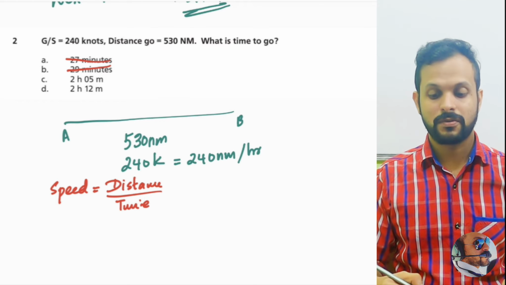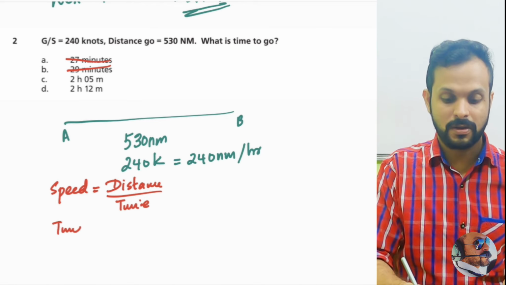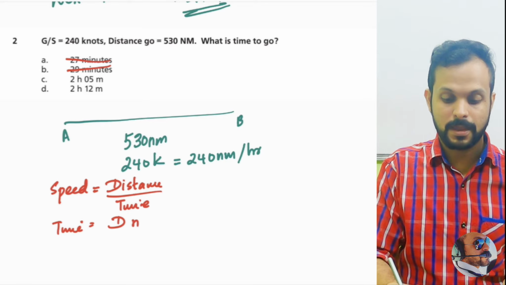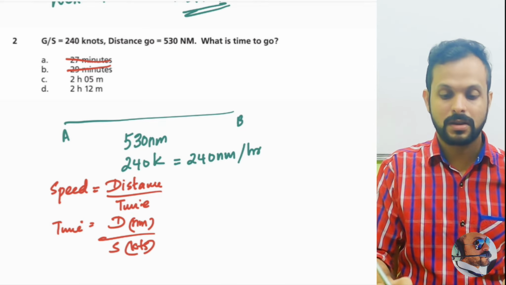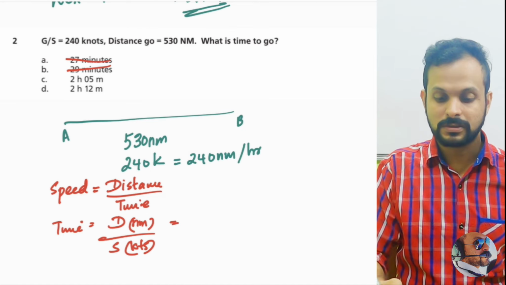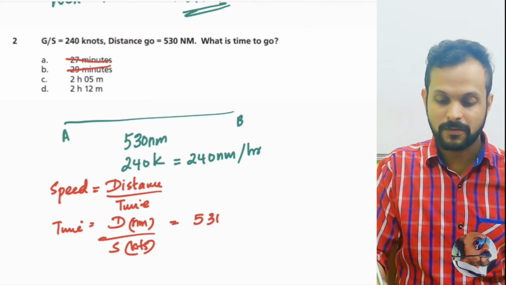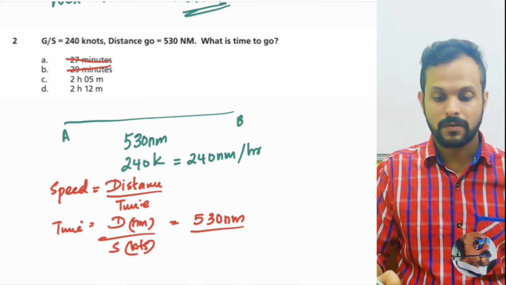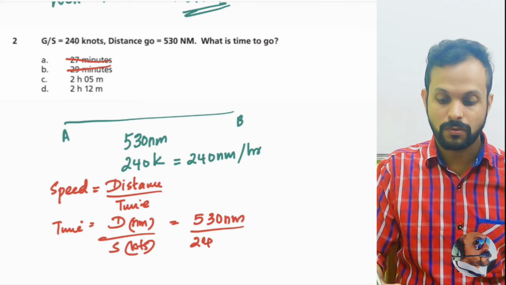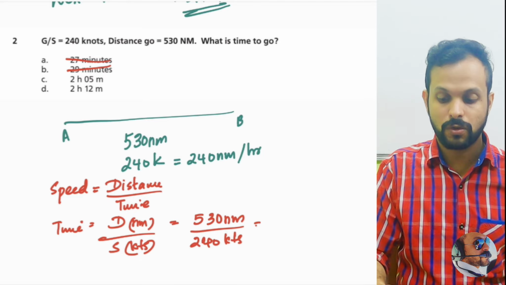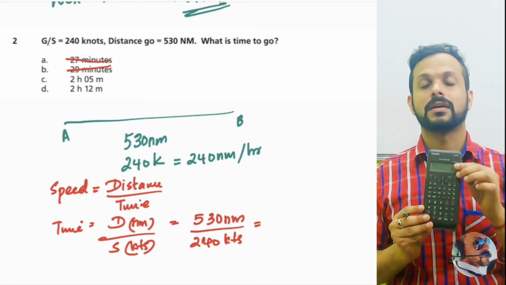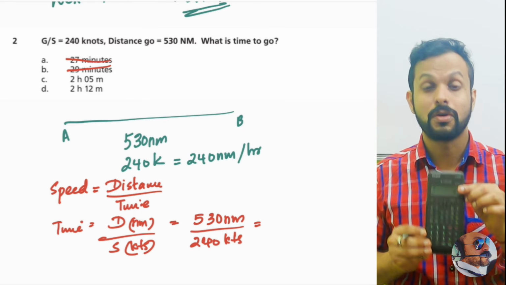I'm required to find time here, and it is pretty clear that time is equal to distance in nautical miles divided by speed in knots, and the speed is the ground speed. So distance is 530 nautical miles divided by speed, 240 knots. You can use your basic scientific calculator without memory.